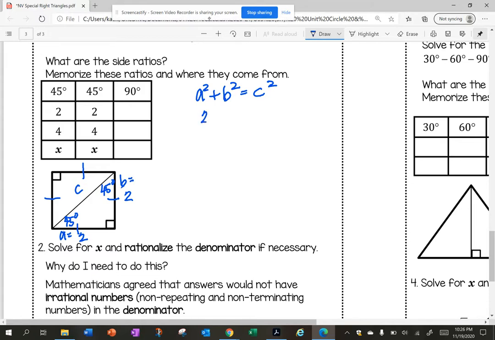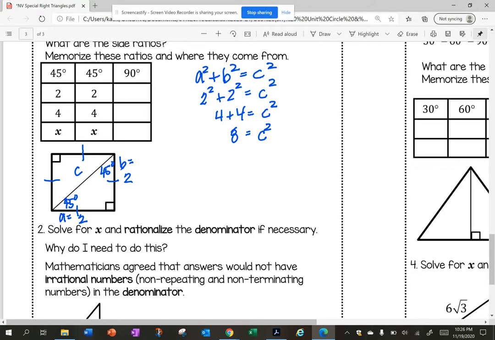So I have 2 squared plus 2 squared equals c squared. So 4 plus 4 is c squared. So 8 equals c squared. I want to know what c is, so I'm going to take the inverse of squaring, which is the square root. So I want to factor out a perfect square.